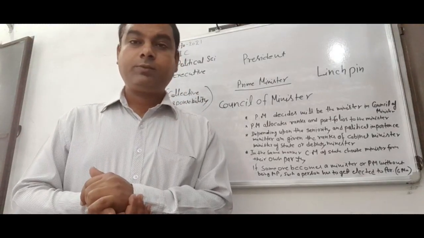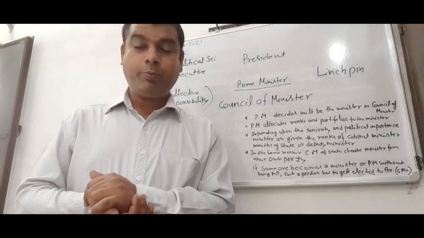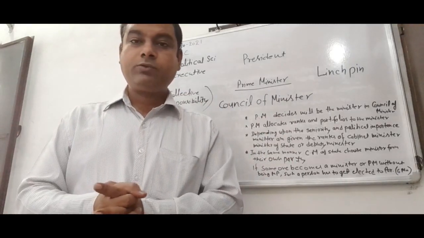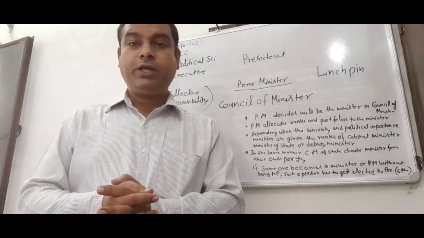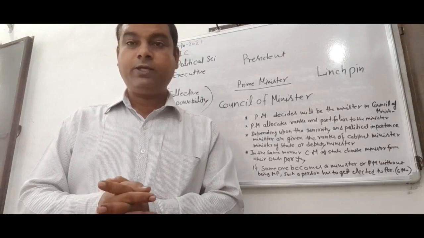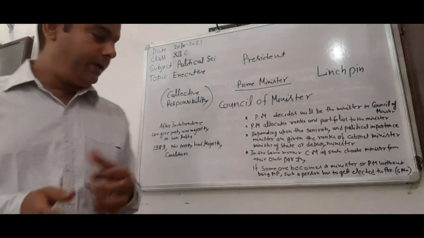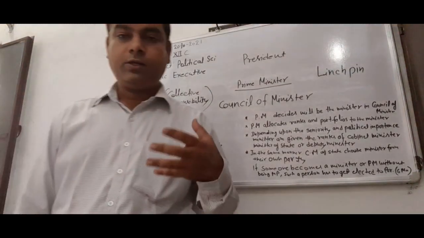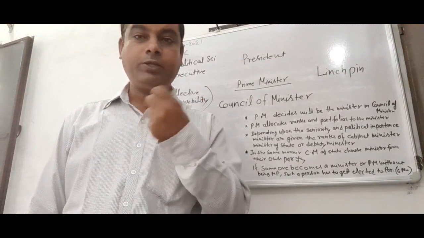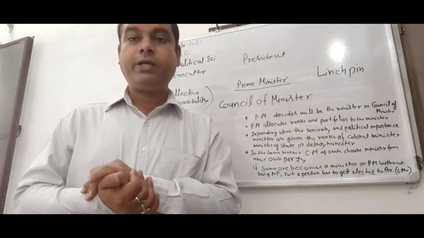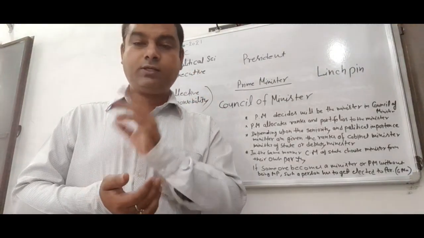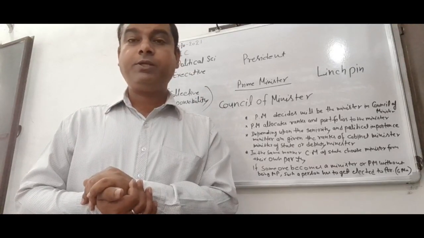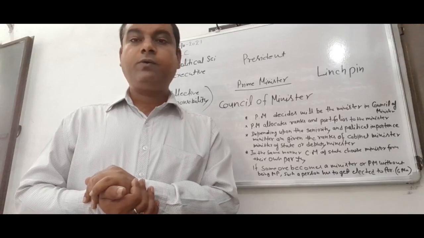But suppose in the case of a coalition government, where many parties come together to make the government, in this case the Prime Minister is not fully powerful. From 1989, when no single party was able to make the government, the era of coalition government began, and in such a coalition the condition of the Prime Minister was very weak.